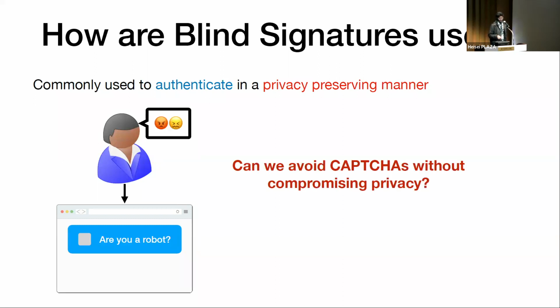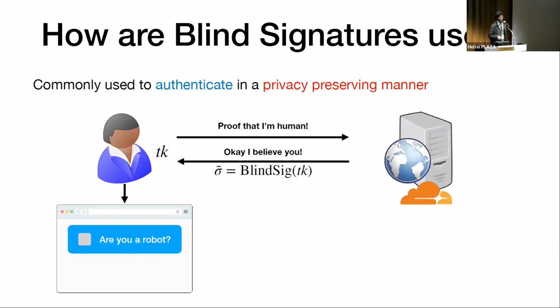And we're cryptographers, right? Is there a way to avoid CAPTCHAs without compromising privacy? And turns out if you're given blind signatures, you can. So what Alice is going to do is going to go to a server which the website trusts. So this could be Cloudflare, for example, and the reason this website would trust Cloudflare is because Cloudflare could be its CDN.